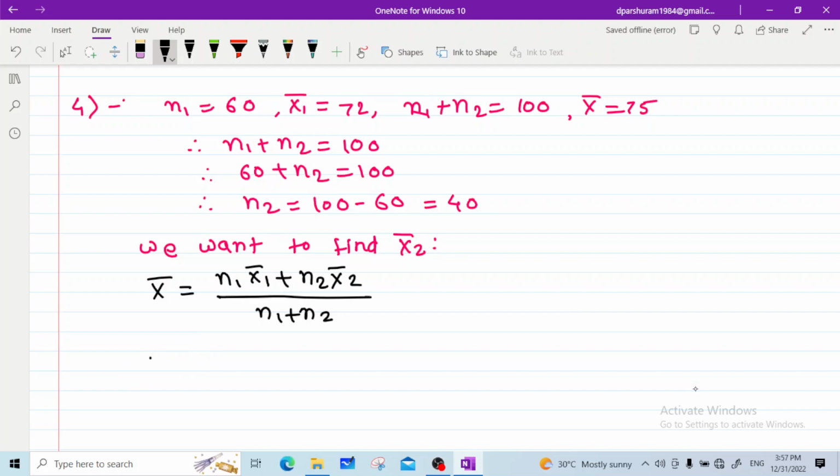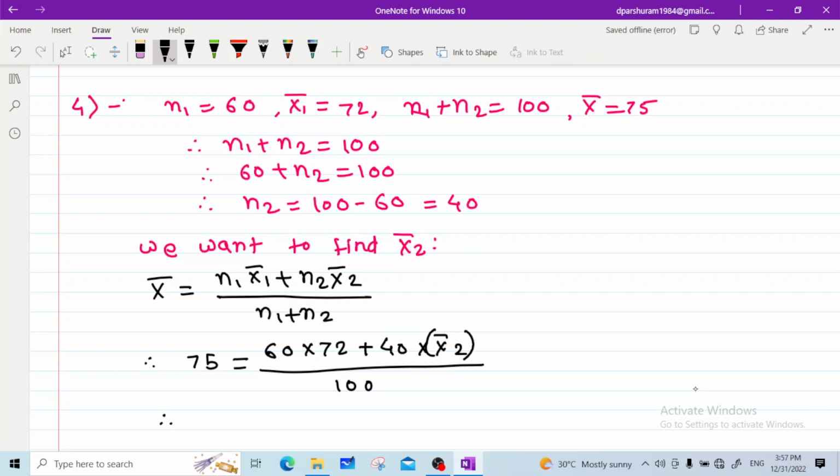Therefore the value of x bar, that is 75, is equal to n1, that is 60, into x1 bar, that is 72, plus n2, that is 40, into x2 bar, which we have to find out, divided by n1 plus n2, that is 100.